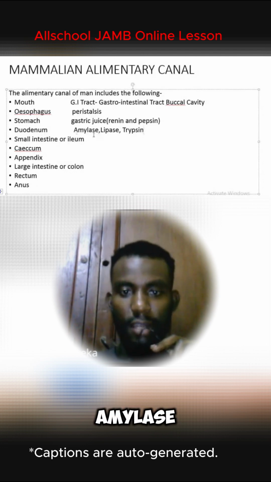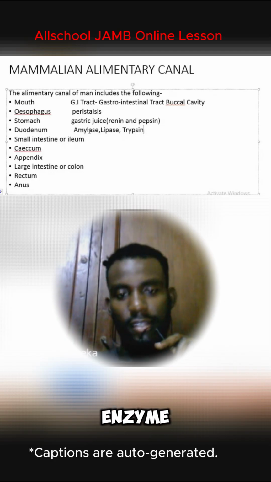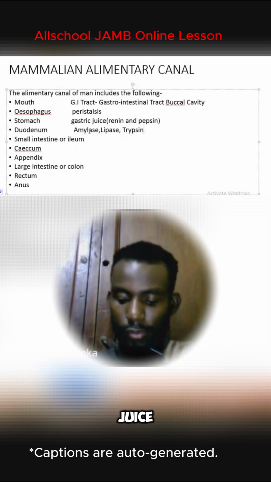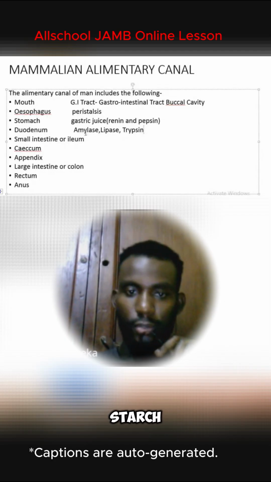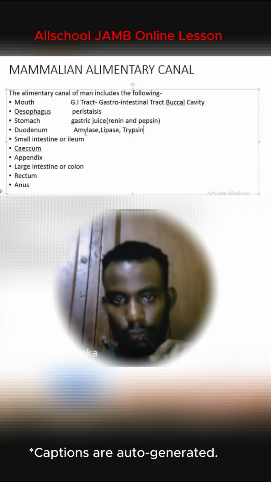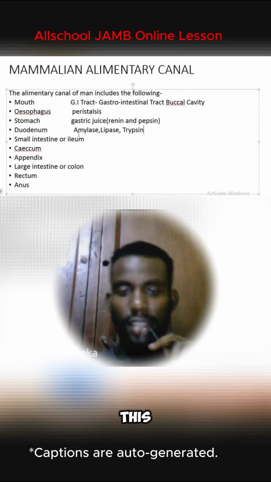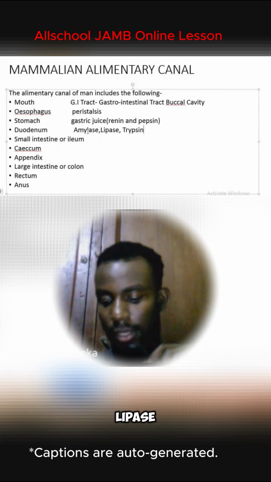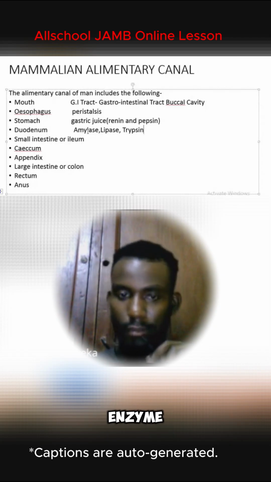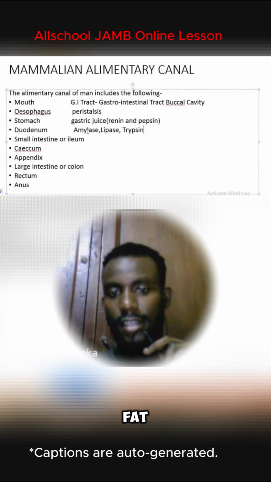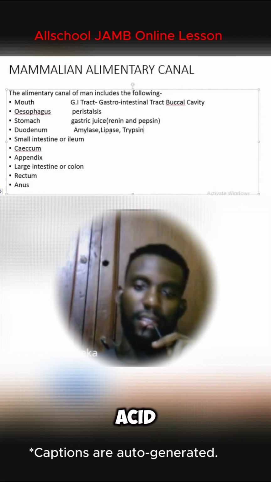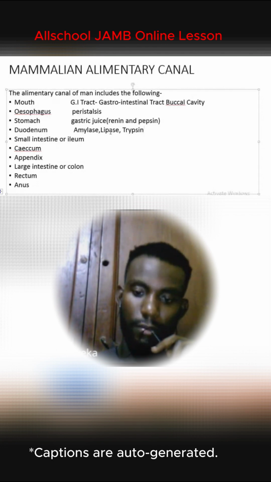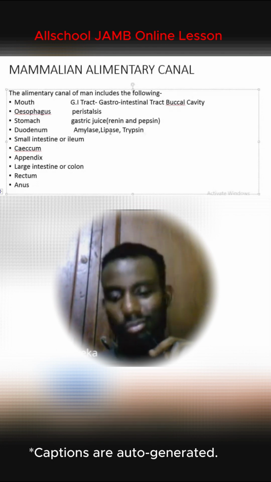For instance, amylase is an enzyme in the pancreatic juice that converts starch to maltose. Lipase is also an enzyme that converts fat and oil to fatty acid or glycerol.